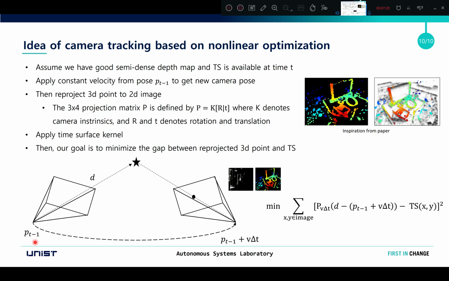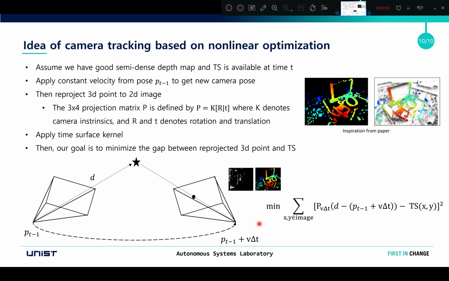Assume this algorithm runs iteratively, and assume we know the camera position p_{t-1} here. Here we have the distance vector to the 3D point, and here we have the time surface and semi-dense depth map.